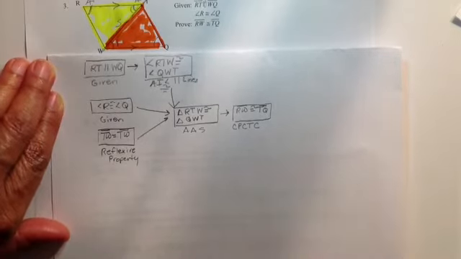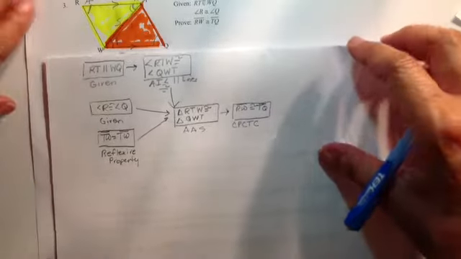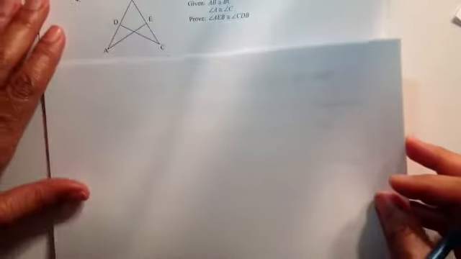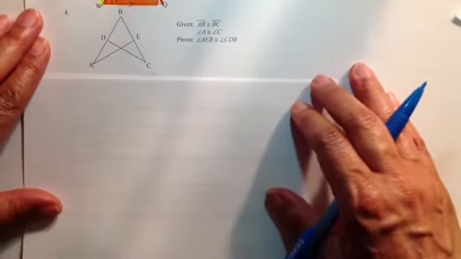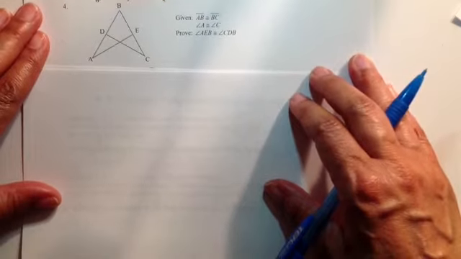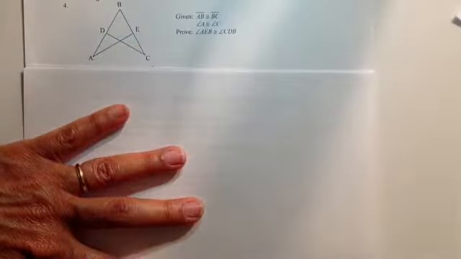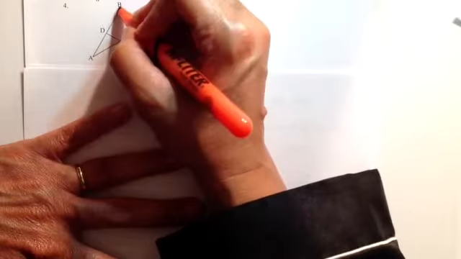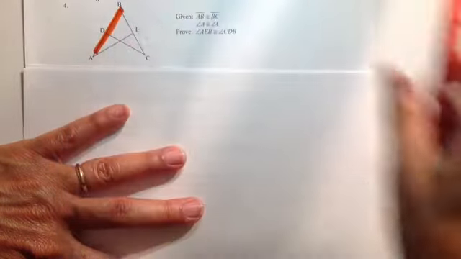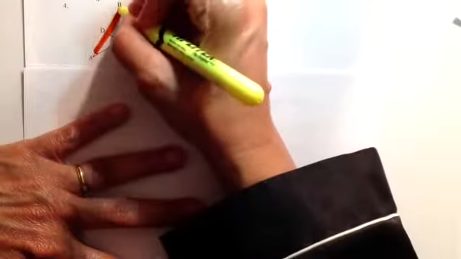All right, let's go on now to our fourth proof, again using triangle congruency. So once again, we're going to look at what's given to us. What's given to us is that side AB is congruent to side BC.